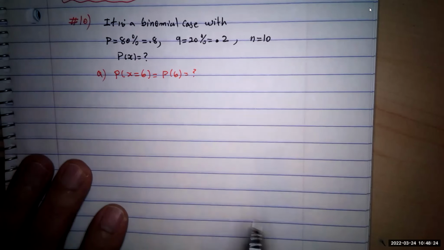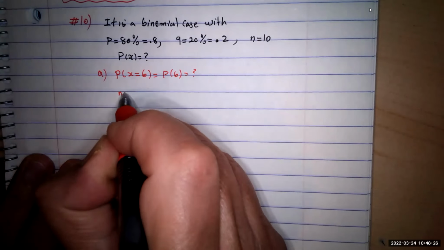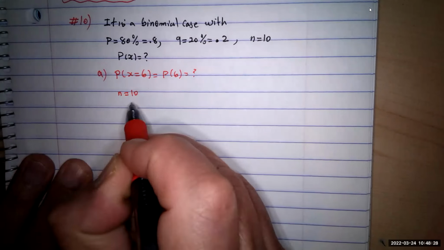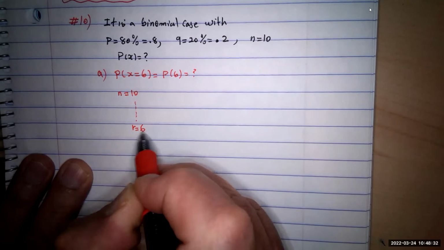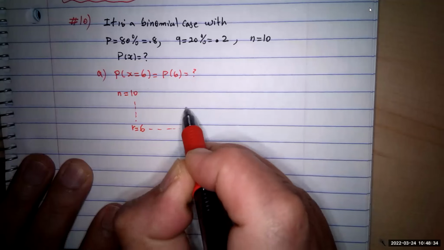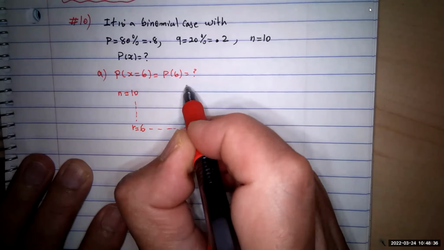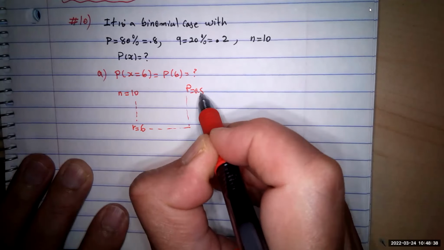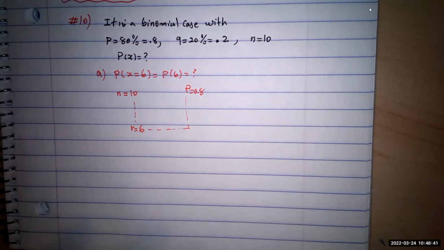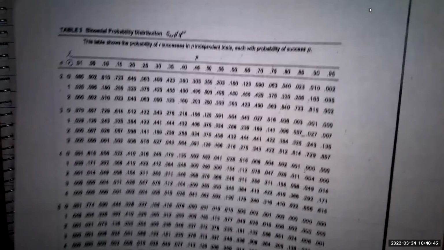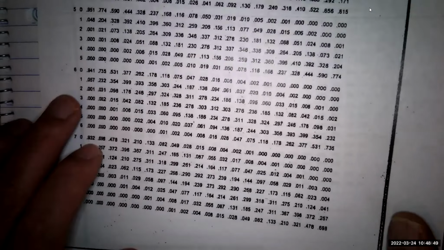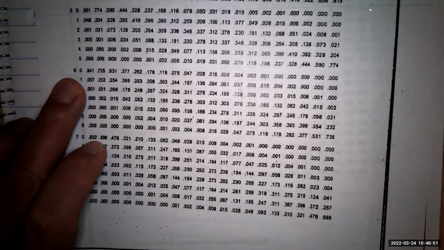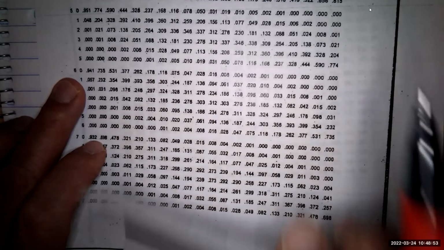Calculator, or you go to the table, n equal to 10. Identify r equal to 6, and then look at the p equal to 0.8. And as we did for the other one, you see this is going to be the case.